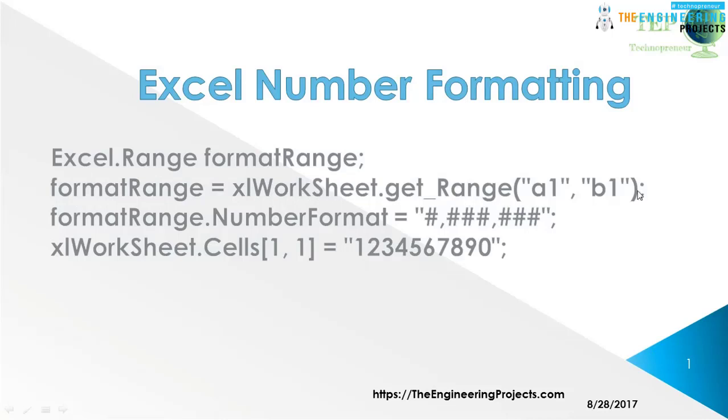Then the format range is equal to getting the column and row of the Excel worksheet, and then we have said that the number format is hashes, and Excel worksheet cell column 1 and row 1 gets the value 1 2 3 4 5 6 7 8 9.